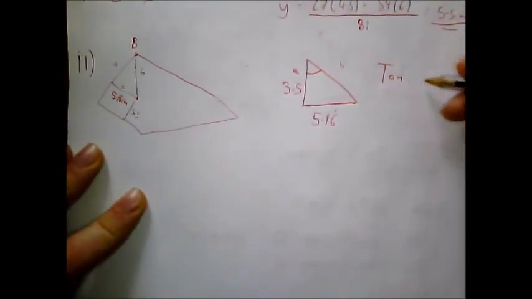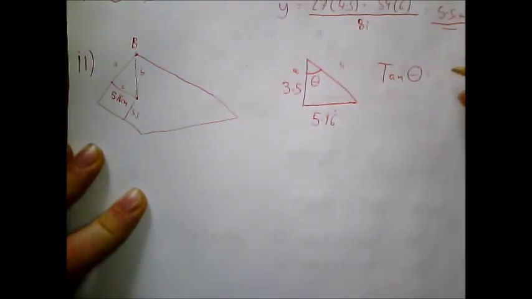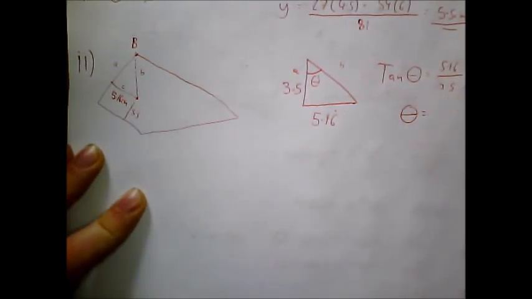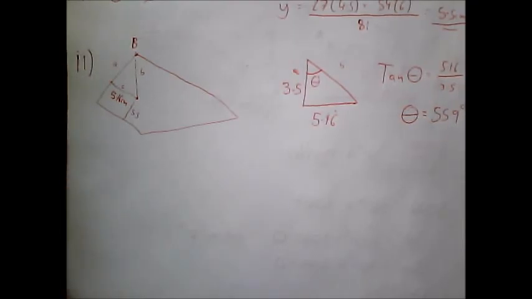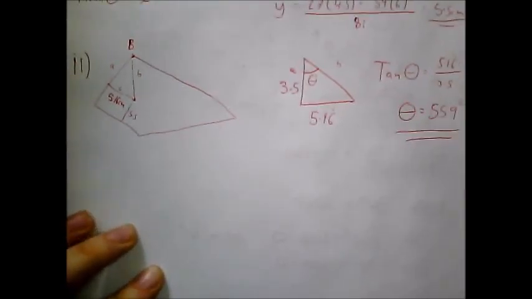Using tan theta equals 5.16 recurring over 3.5, and inverse tan, you get an angle of 55.9 degrees to the vertical. And that is part 2 done.